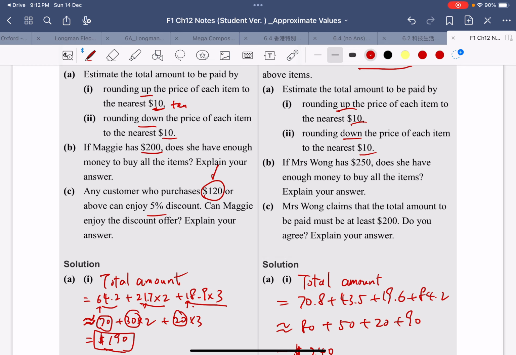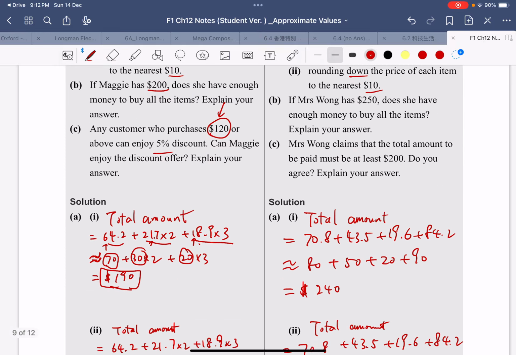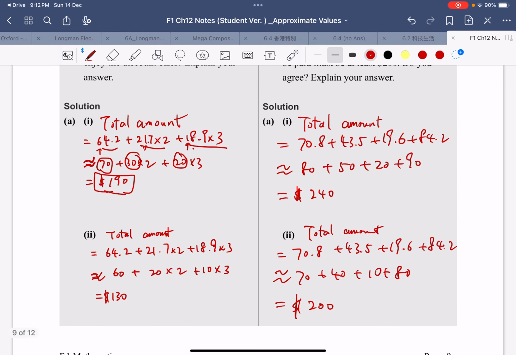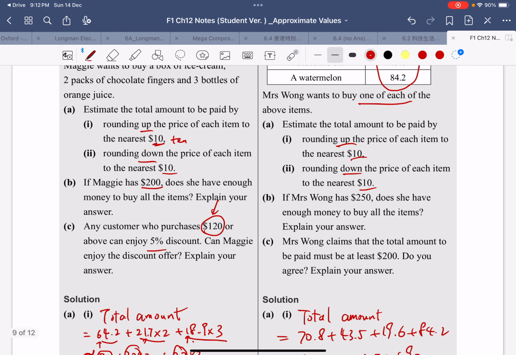This number poses a lower bound of the estimated number. At least you need this number because you round down in part A, the second part here, you are going to round down all the numbers.